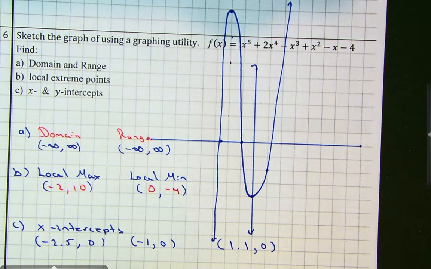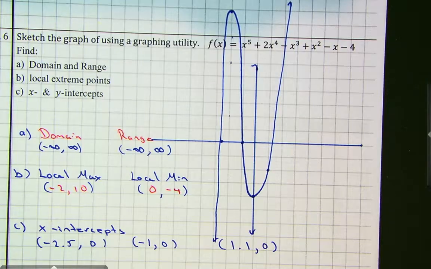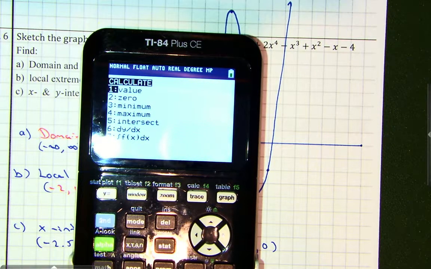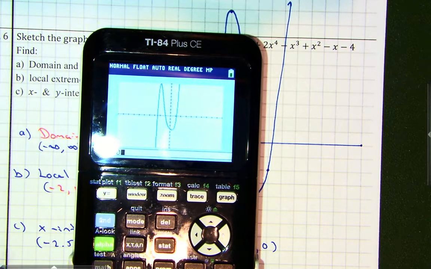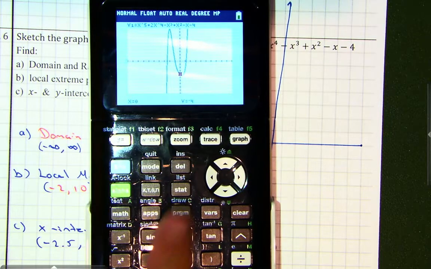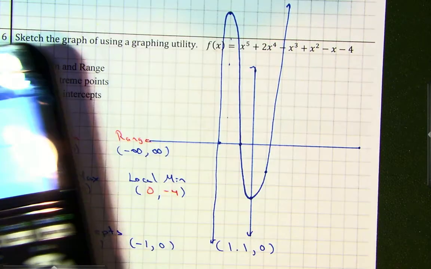Now your y-intercept, we're going to do the same thing. Actually, for your y-intercept, we're going to calculate the value when x is 0. It gives us -4.